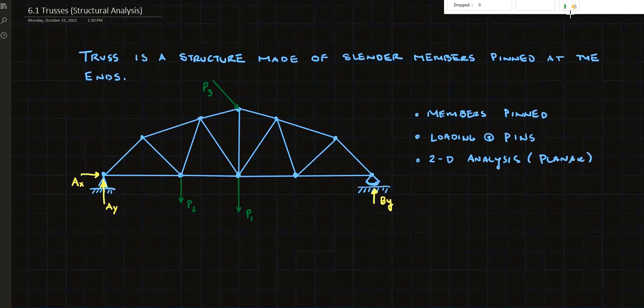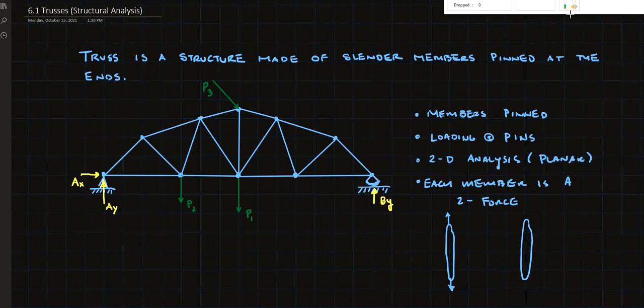And each member is a 2-force member, which means that each member is either going to be in some state of tension or it'll be in the opposite, some state of compression with the arrows reversed. But each member is axially loaded.